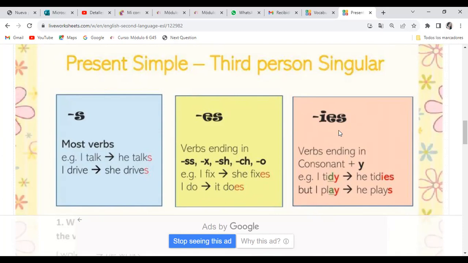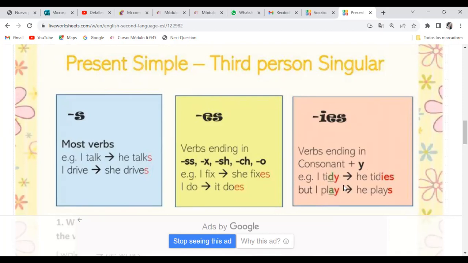And what about the last ending? The last ending is IES. We use this ending, guys, when we have a verb that ends with Y, and before the Y there is a consonant sound, like tidy. Look at this.